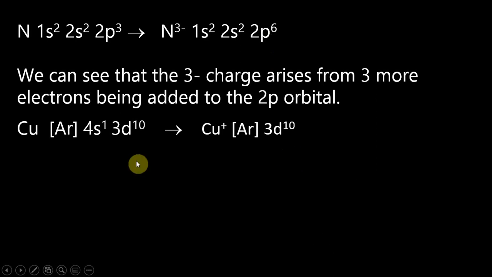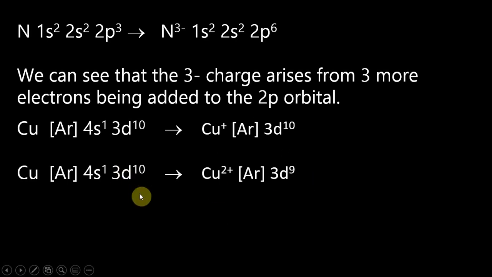All right, copper, same sort of thing. If we look at the actual configuration, it is anomalous, but if we look at that actual configuration, for the charges of copper, we would expect that if we leave this full and we have one electron in the 4s, if we remove that electron, then we get an argon 3d10, and that would give us a 1+ charge for the copper.